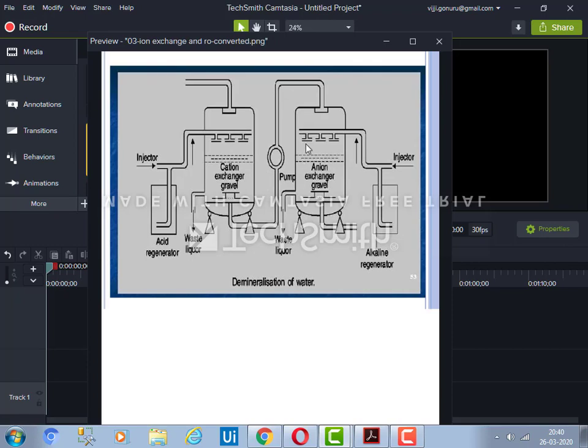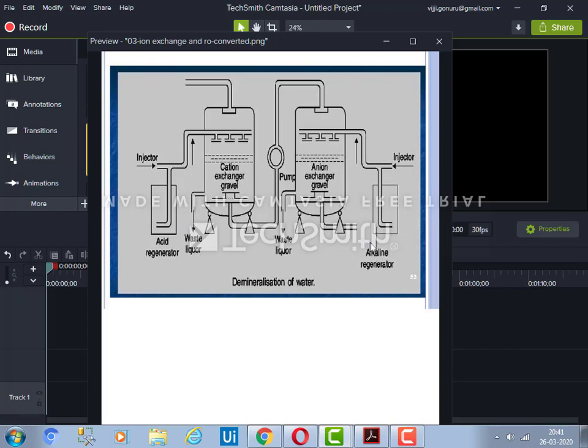The cation exchange resin is regenerated by washing with acid from the acid regenerator tank, so the cation exchange resin is connected with the acid regenerator tank. Whereas the anion exchange resin is regenerated by washing with the alkaline regenerator. Here alkaline is nothing but base. So the cation exchange resin is regenerated by acid and the anion exchange resin is regenerated by washing with base.